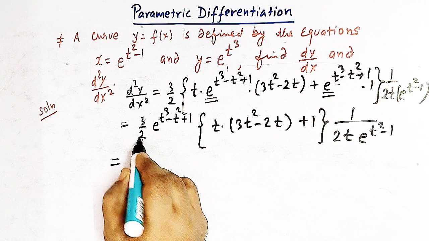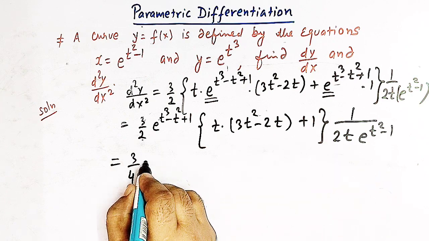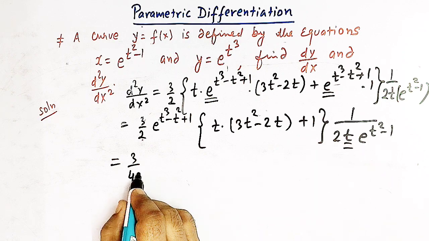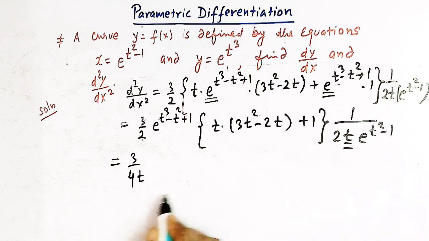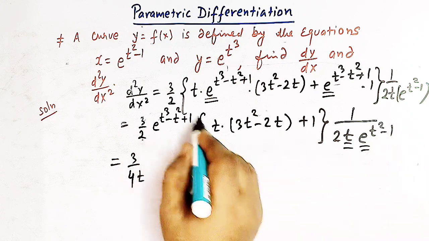So now this is 2 times 2 is 4, so we have 3 over 4, and then here we have this factor t, and then we can take this e raised to t square minus 1 to the numerator.